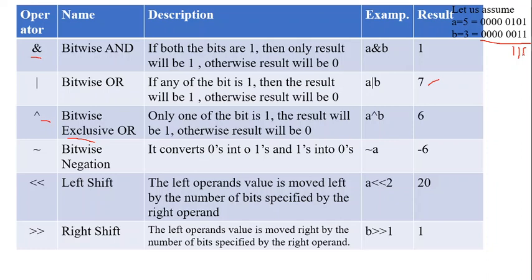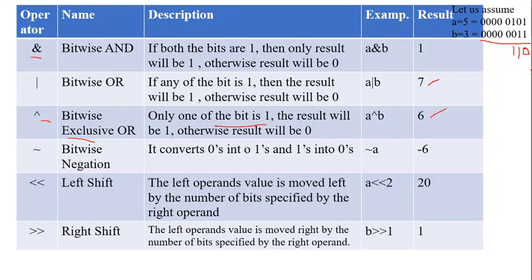If both of them are 1s, the result will be 0 in exclusive OR. In the normal OR, it is 1. But in the exclusive OR, if both of them are 1s, it is 0. Only one of the bits must be 1. Otherwise, the result will be 0. So 110, the equivalent decimal value, is 6.